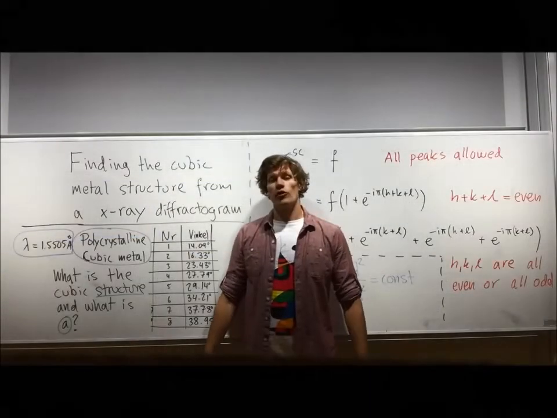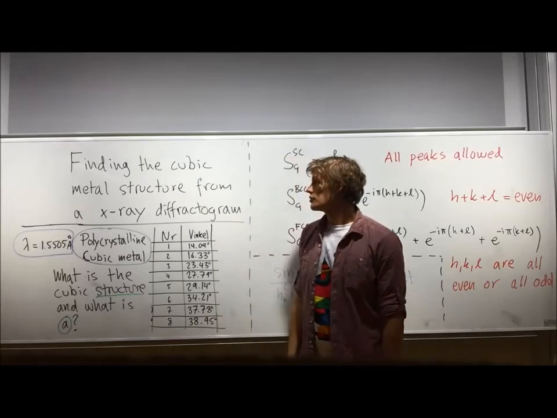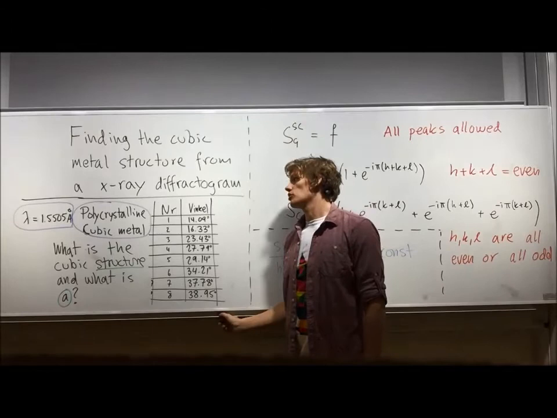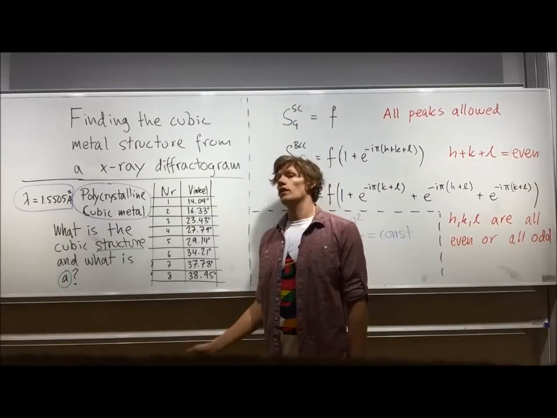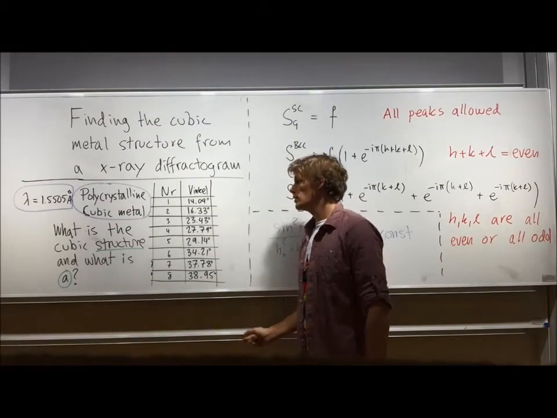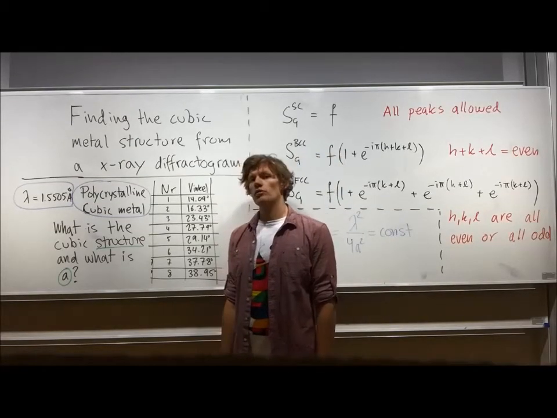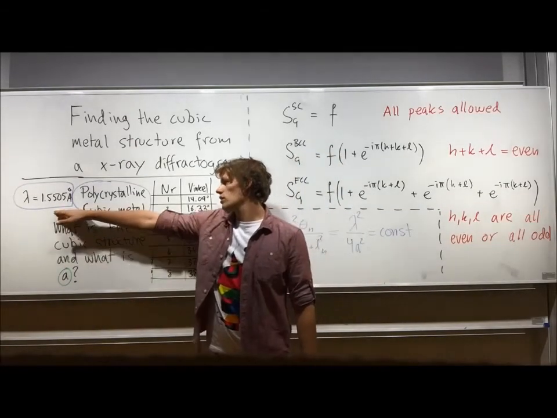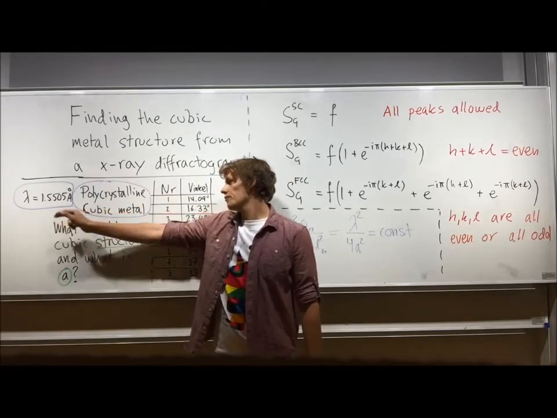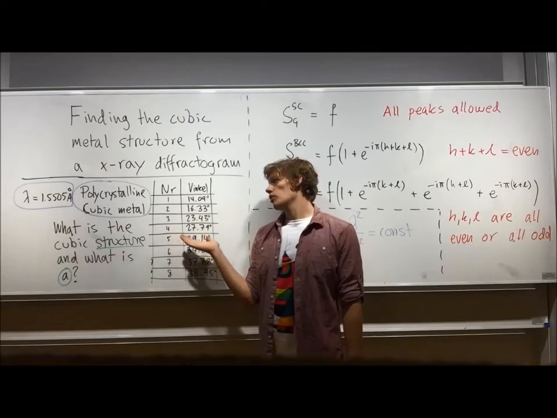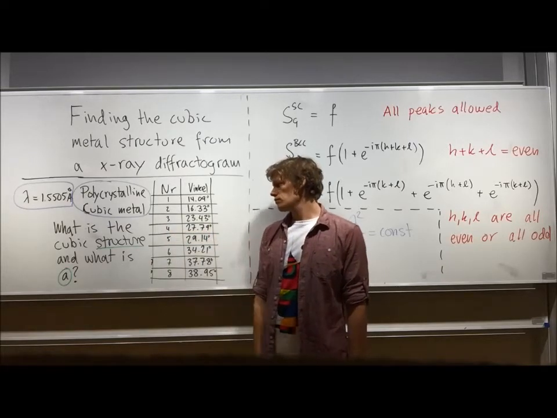Hi. So in this exercise, we're concerned about finding the cubic metal structure from an X-ray diffractogram. To our help, we know that the radiation we're using has the wavelength that you can see here, and we also know that the crystal we're looking at is a polycrystalline cubic metal.